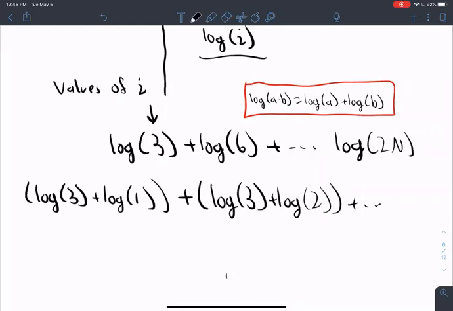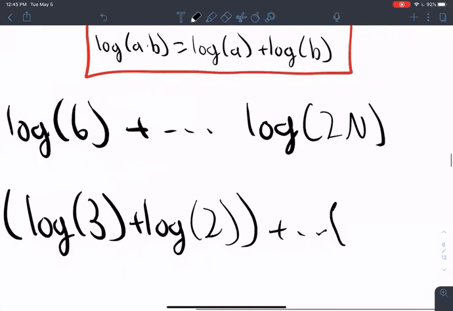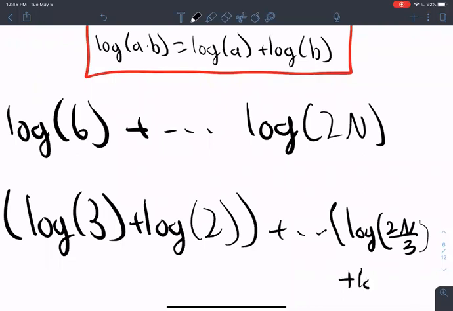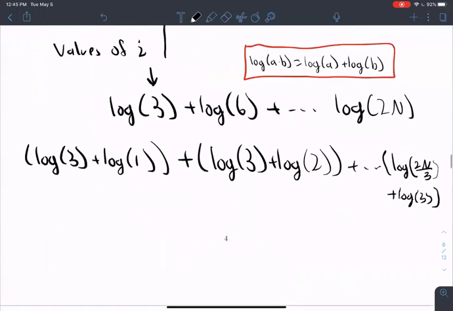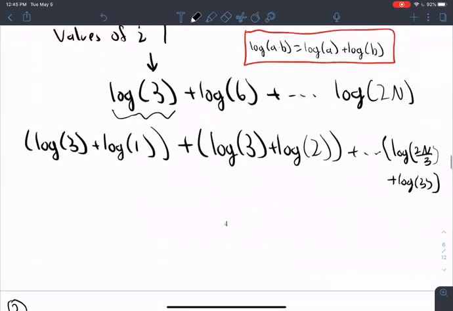And all the way into the last term. Basically I've broken up each one of these terms, which is the equivalent of factoring out the 3. And now if we rewrite it, you'll see that it looks like this.